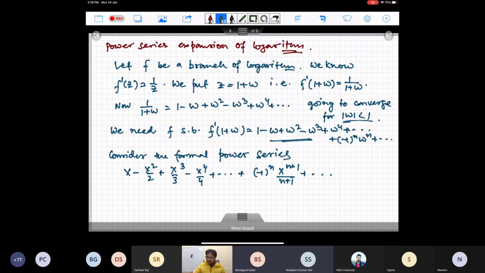Okay, and of course we have seen that if a power series converges, then in its open domain of convergence, the differentiation of the power series exactly works term by term. Okay, so this is what we have, and what is the radius of convergence of this power series?